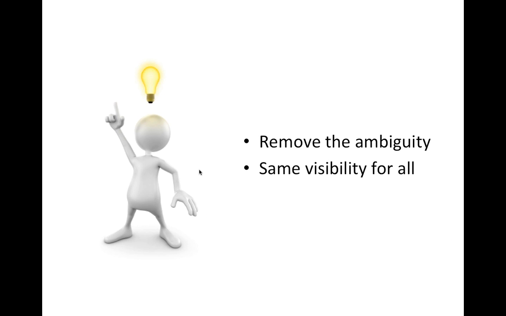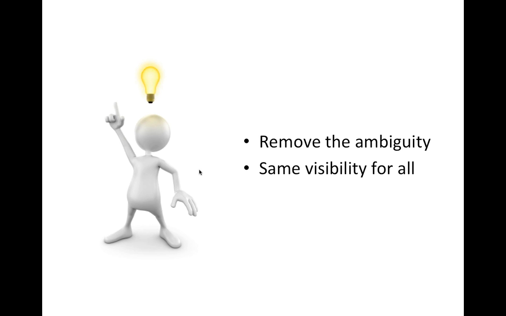So I came up with an idea. I thought if I can remove the ambiguity in the testing and provide the same common visibility for everyone, my problem will be solved. Because if everyone knows about what is being tested, everyone knows about the health of the system in a common, uniform way, then there is no trust deficit.